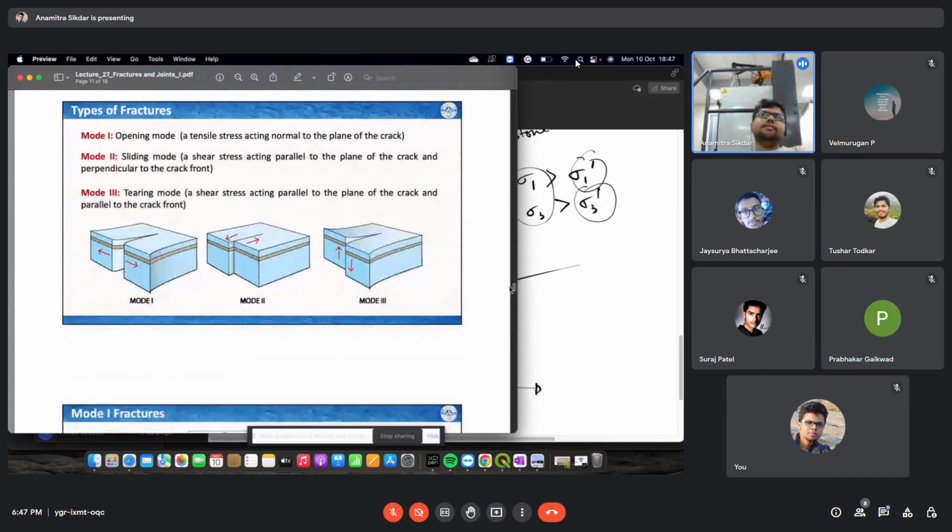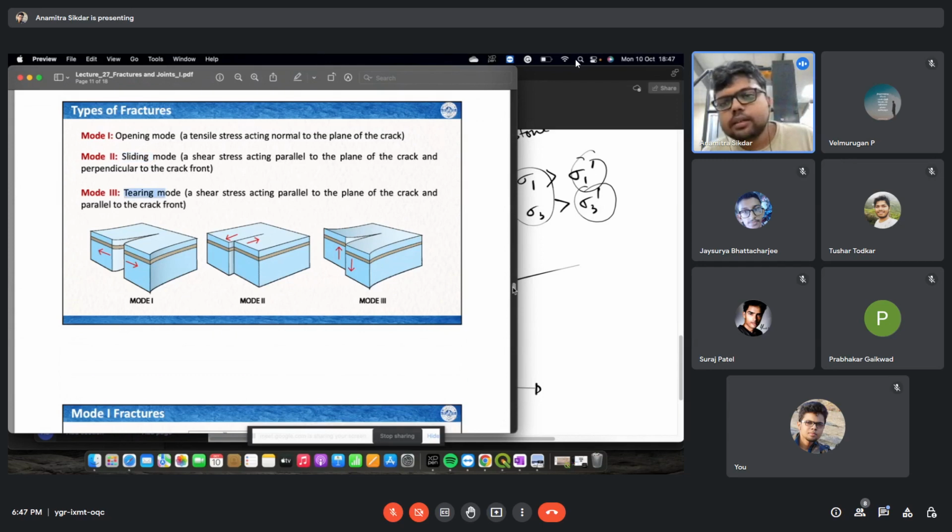So basically the fractures in a rock can be divided into three categories. One is mode 1: you just tear these blocks apart. Mode 2, when you slide the blocks against each other. And mode 3 is just like tearing a paper, right? So you open it, and you slide it, and you tear it just like paper.